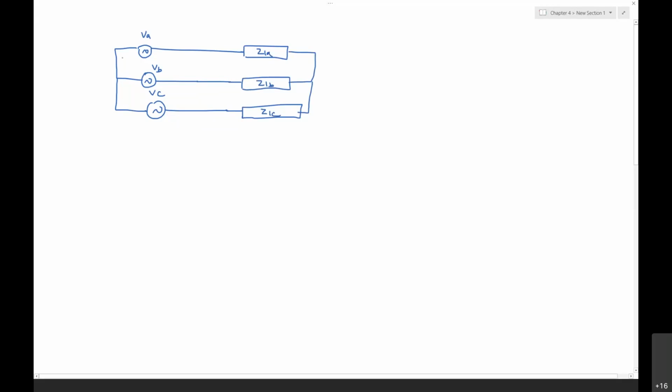Here I have drawn an equivalent diagram, where the voltage source is very far away and we will have the feeder impedance also.